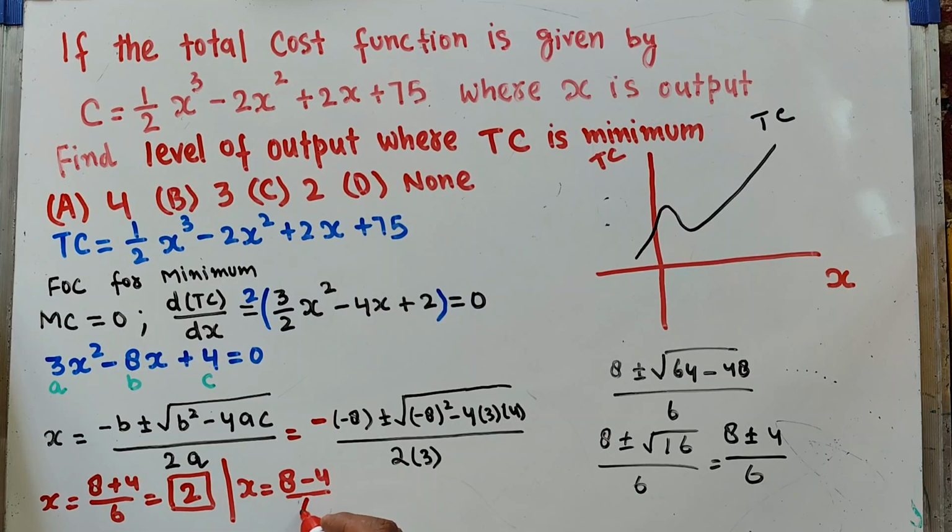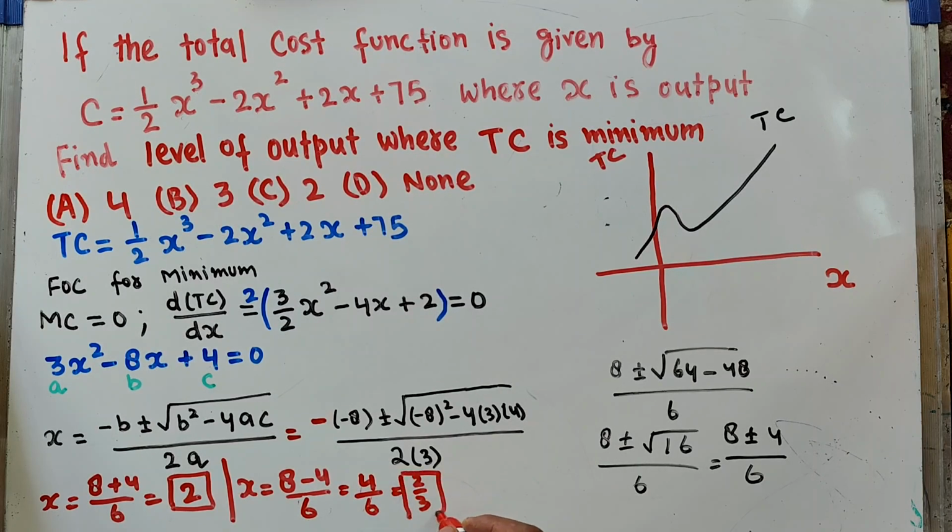Sorry, 8 minus 4 is 4, so this is 4 upon 6, sorry for my weak calculation, which is equal to 2 upon 3.